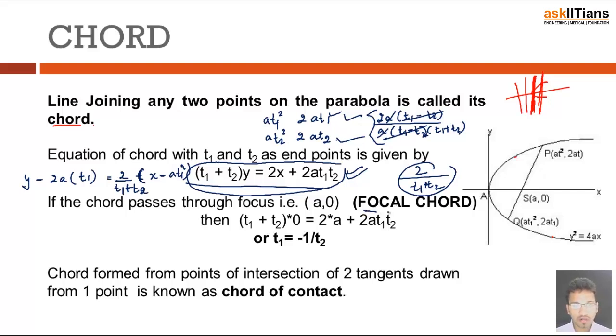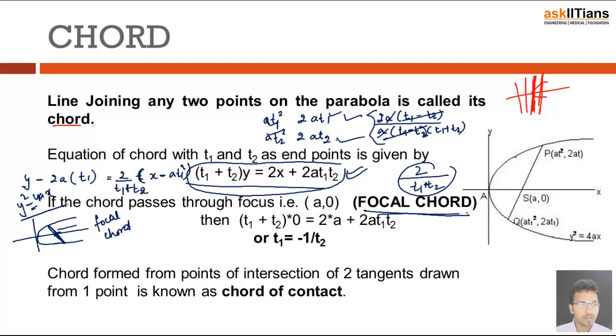Now what is a focal chord? As you can see here on the board, any chord which passes through the focus, suppose this is the focus, is known as a focal chord. For the parabola y square equal to 4ax, we have taken every parameter with respect to that.